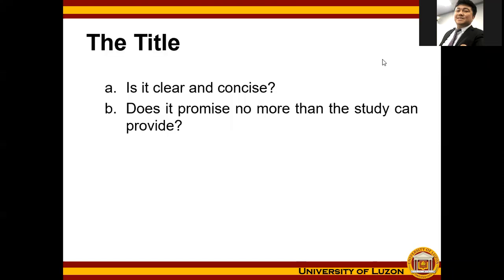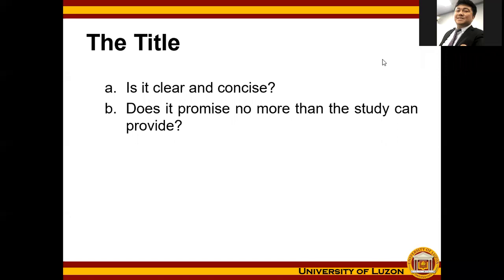So allow me to begin by looking at some of the requirements relative to the title of the investigation. The first has to do with the writing of the title, and it should be as clear and concise as possible. So the first question is, is it clear and concise? When we talk about title, it is very significant because it is the very first thing that the readers would see in your report, and the title should give an insight on what the report is all about.